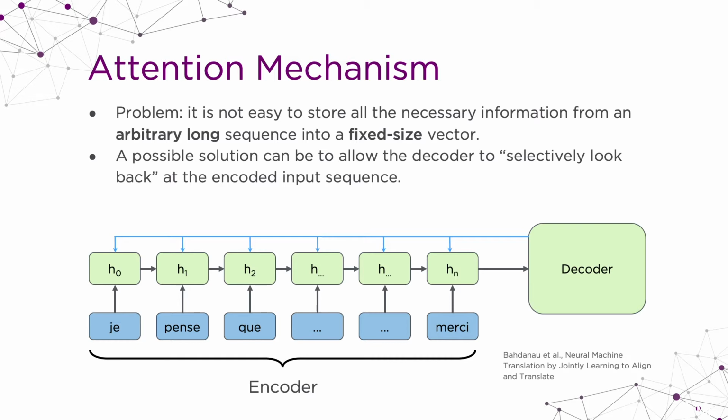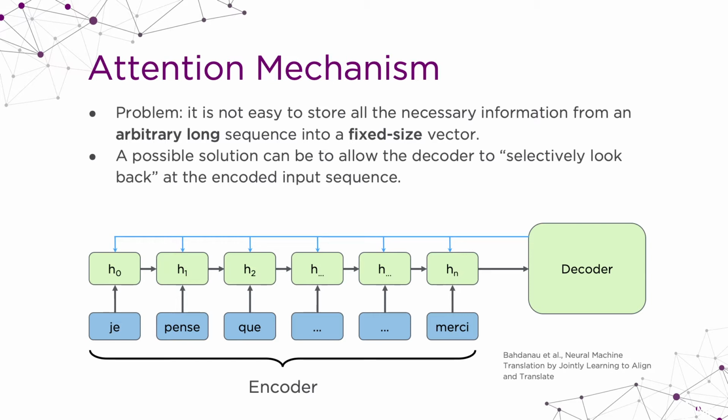The encoder will still do its work and still give this Hn internal state to the decoder, but the decoder, while producing the output at every time step, has some special way of looking back at the encoded sequence, this H, and extracting the information that it needs. We still don't know how to do that, but if we can find a way, the information can flow much more easily, because at every time step the decoder can just look back and extract the information that it needs.